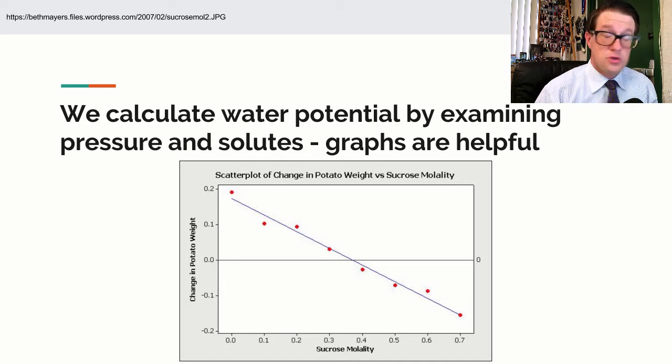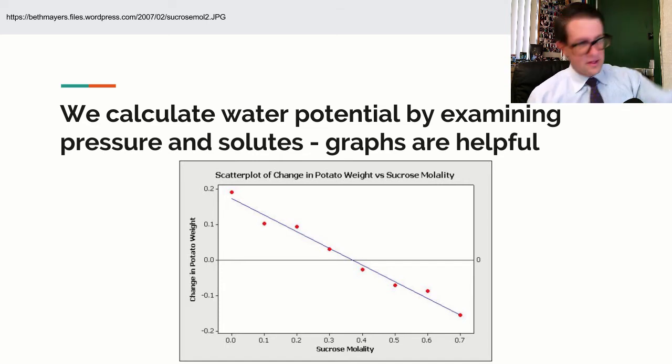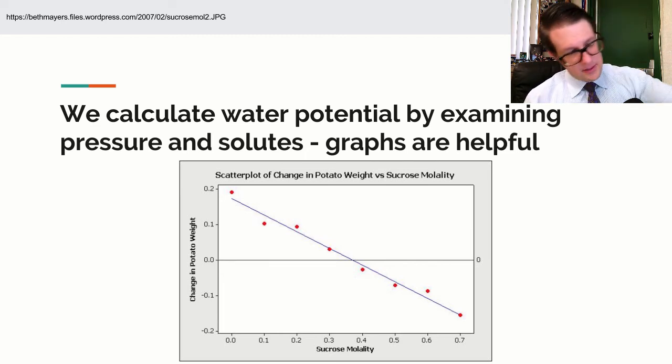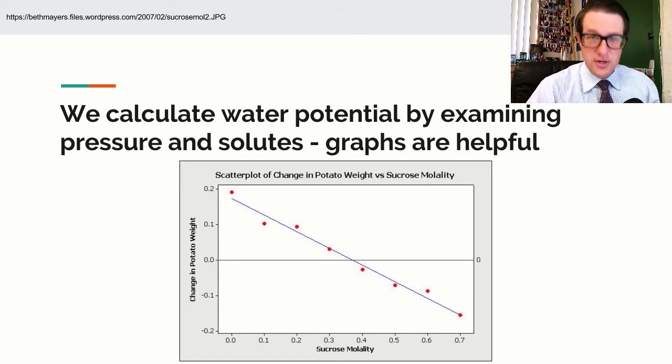The answer is we use percent change, which is why the vertical axis, the dependent axis, is change in potato weight, but it's being done using decimals. So we're dealing with percentages. And then you have the independent axis, the horizontal axis, and that would be the solutions I put it into.